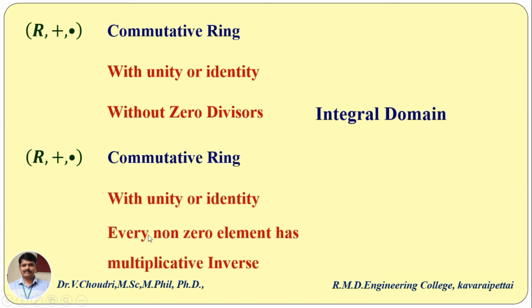And a commutative ring with unity or identity, where every non-zero element has a multiplicative inverse. From the set (R, +, ·), taking every non-zero element, all must have the multiplicative inverse. Then it is called a field. So clearly we have identified the difference between the integral domain and the field.